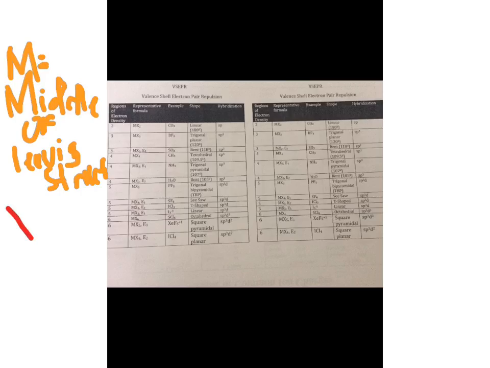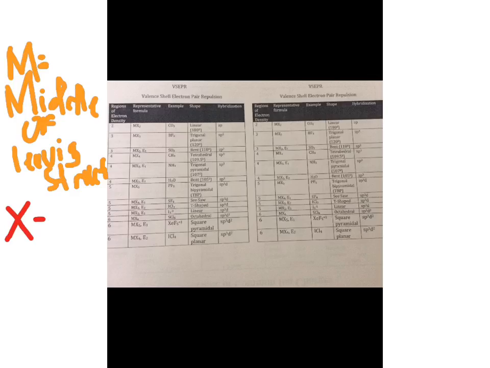What's your X? Most of the time there's going to be multiple X's, and I'm going to give you an example in a second. X's are the elements that are bonded to the middle element. Look at your sheet.